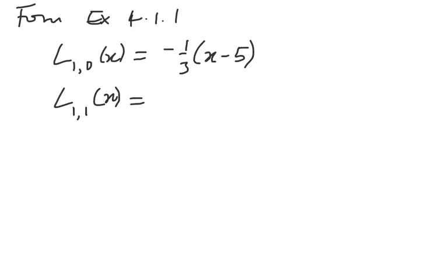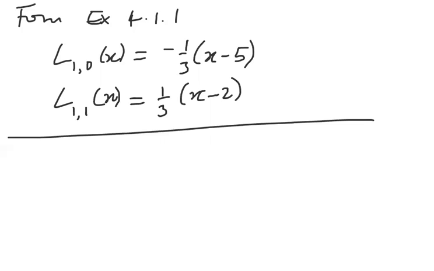So we found this to be just equal to 1/3, then x minus 2. Okay, so now using these two, let us try to evaluate L10 at x0, and also try to find L10 at x1.